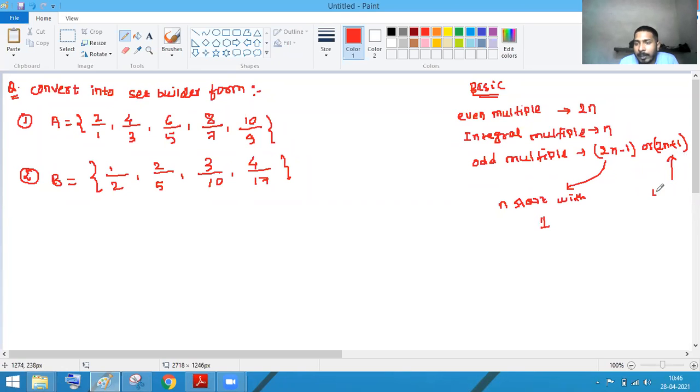When n starts with what? 0. If the sequence is coming as 1, 3, 5, then use 2n minus 1.